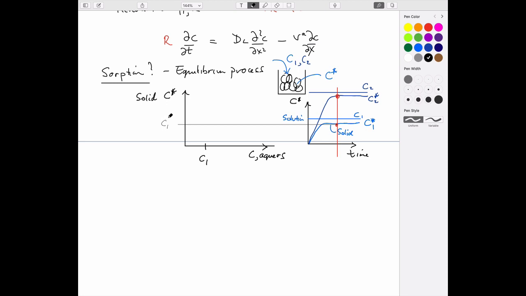This would be C1 star. So that gives us one point here. And so these would be our two data points, right?